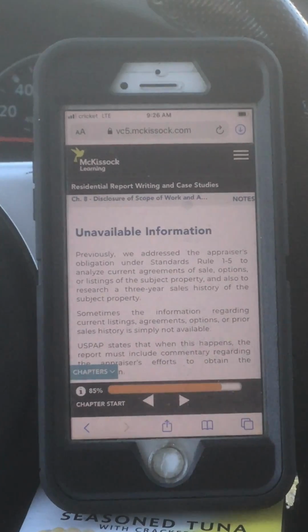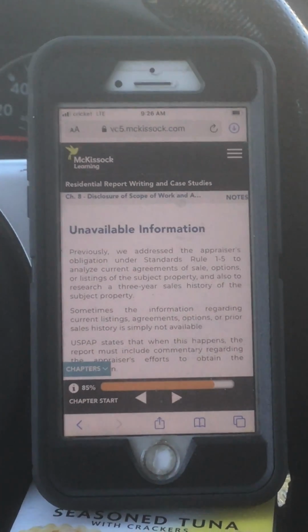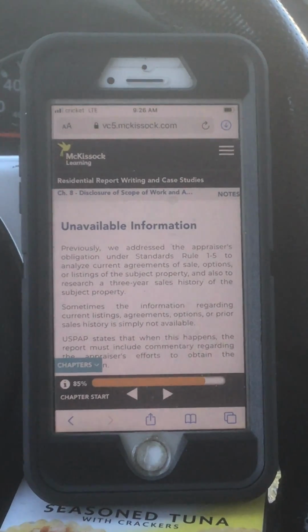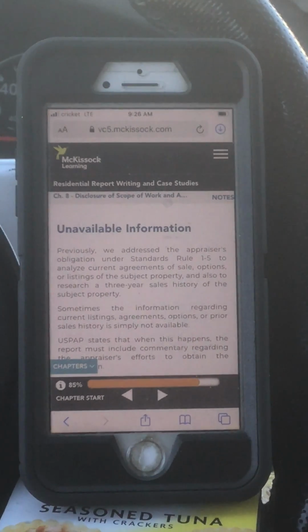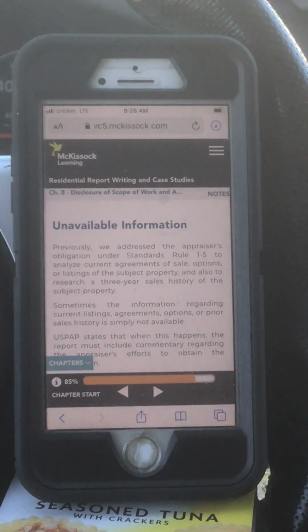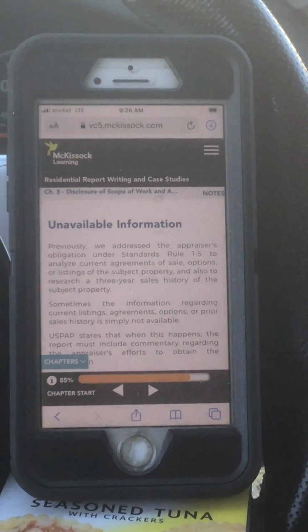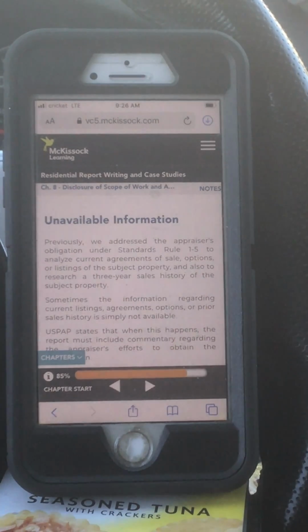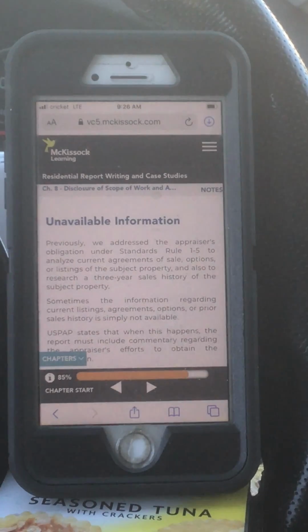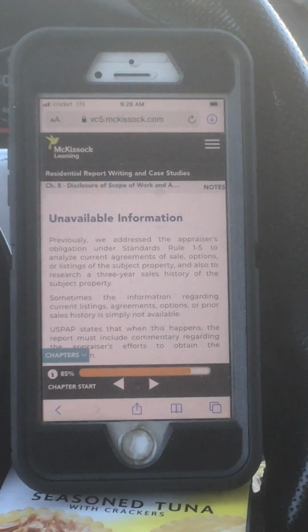Unavailable information. Previously, we addressed the appraiser's obligation under Standards Rules 1 through 5 to analyze current agreements of sale, options or listings of the subject property, and also research a 3-year sales history of the subject property.